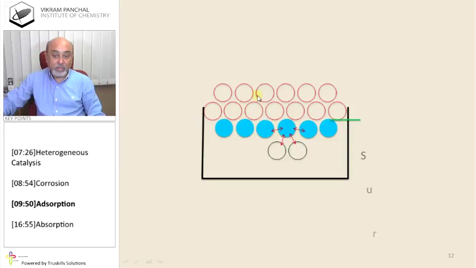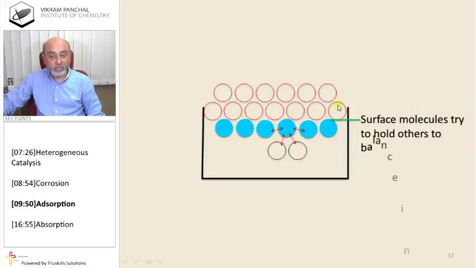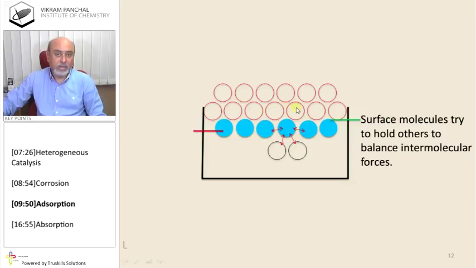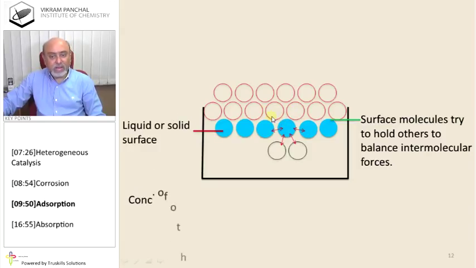And once these gaseous molecules or liquid molecules are attracted on the surface of a solid or liquid, then this molecule will be completely surrounded by others. Of course, the molecules which are in the liquid are of the same type, but here these molecules are different. But it doesn't matter. Even if they are different, there will be slight attraction and repulsion forces between them.